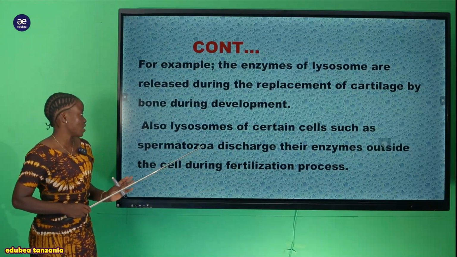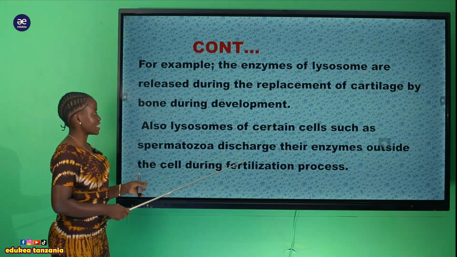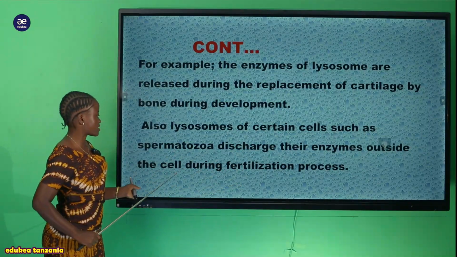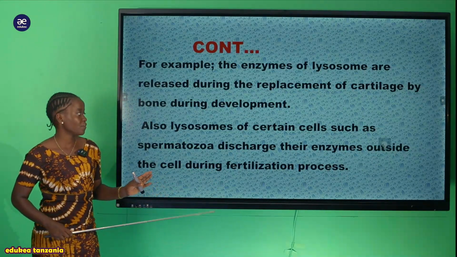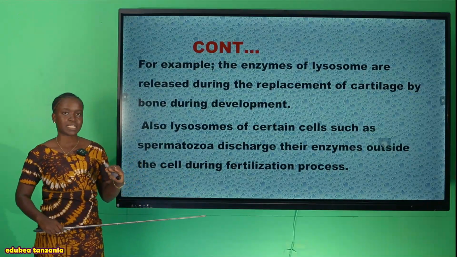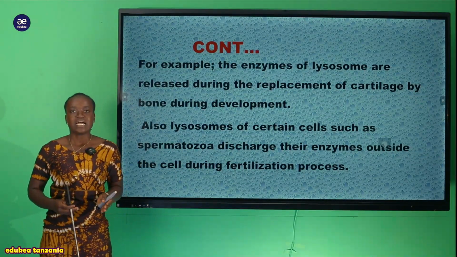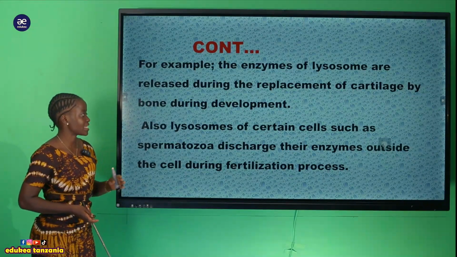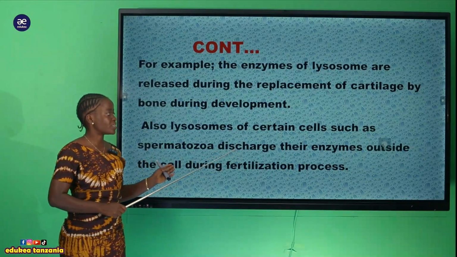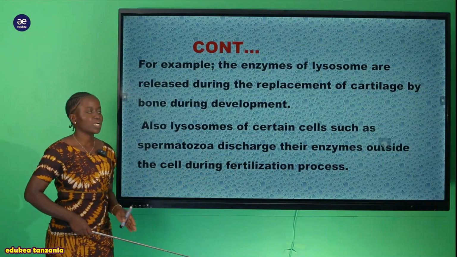But also lysosomes of certain cells such as spermatozoa discharge their enzymes outside the cell during fertilization. So we also have this process, which now involves more broadly this function of lysosome, entering the cell to discharge its components outside of the cell during fertilization.